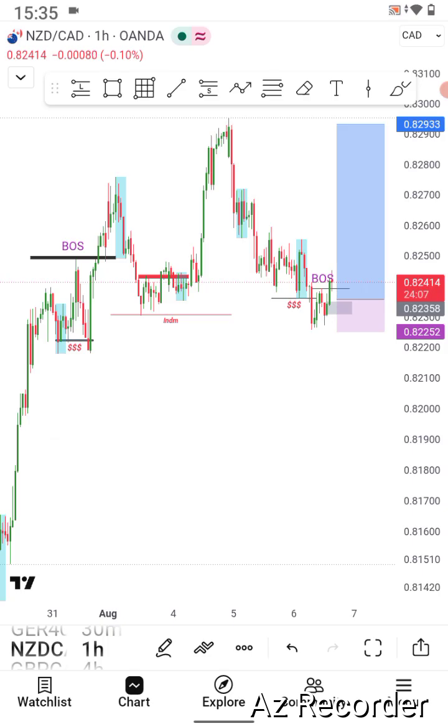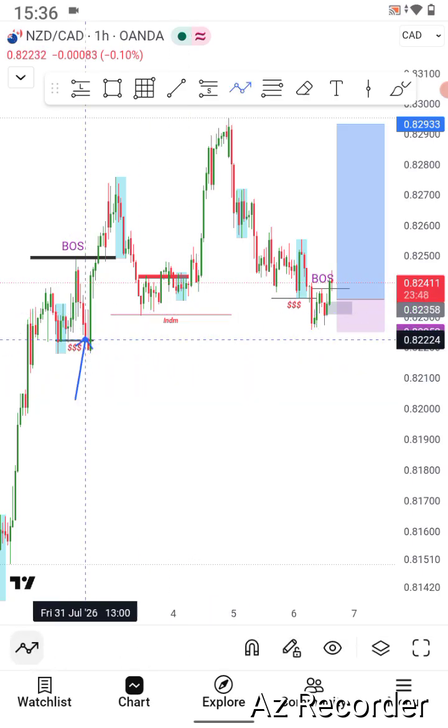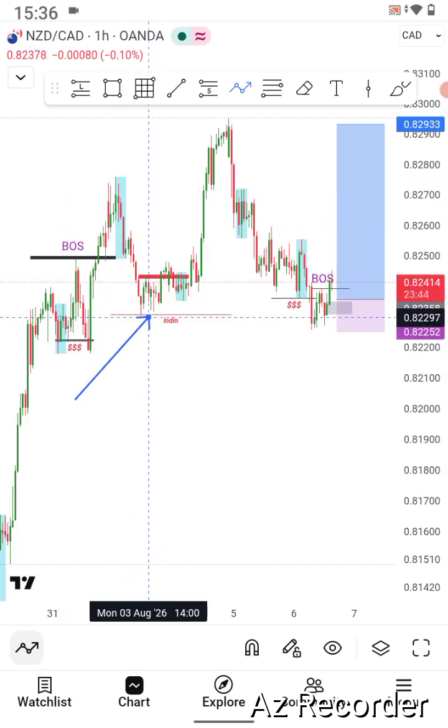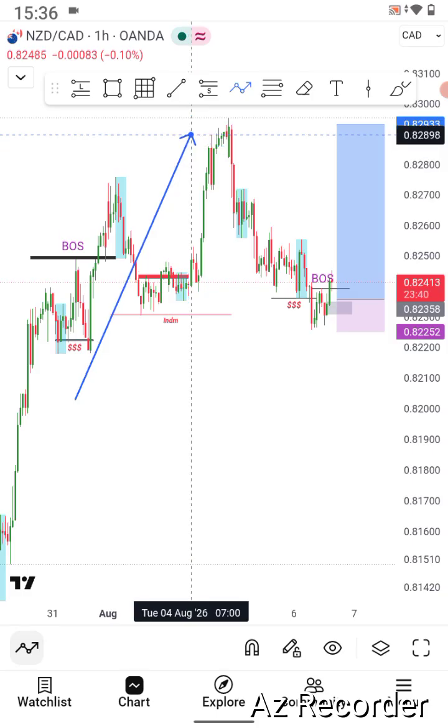There are times the market will just not give an inducement and go straight to the order block, then give a confirmation entry and then move to where it's supposed to move to. What do I mean? If this is the order block, there are times the market will just come straight down, shift structure and then buy.